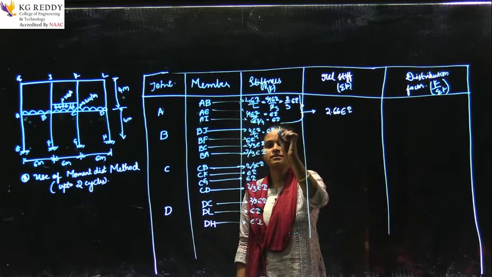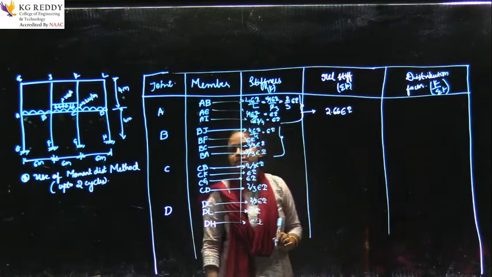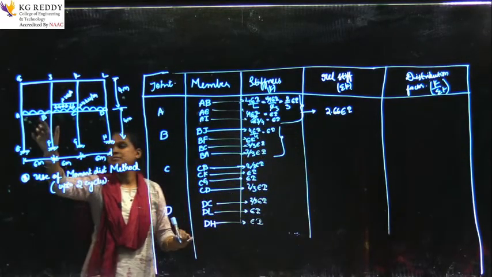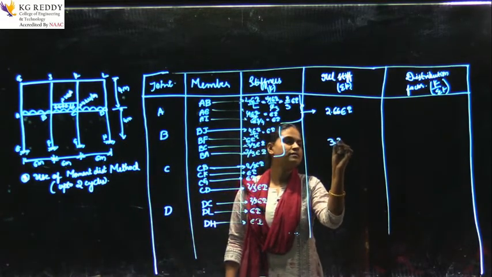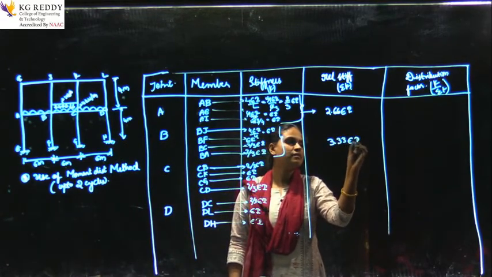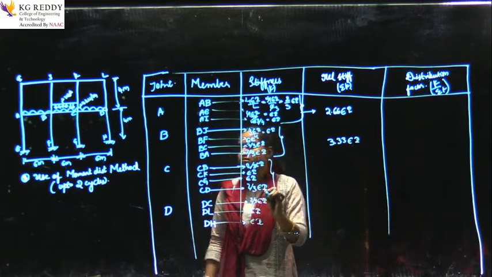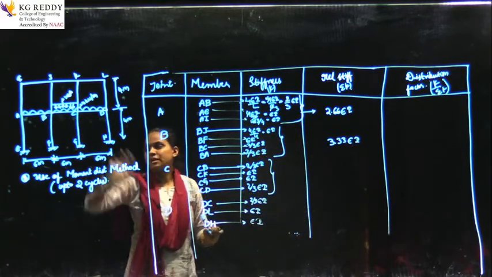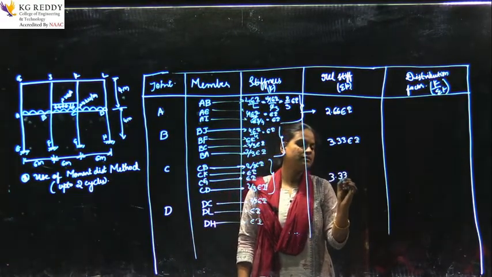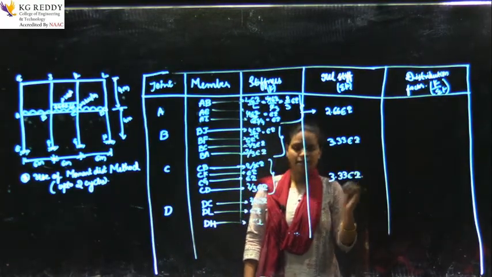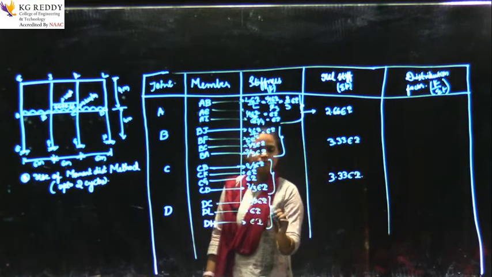Next for this B joint you are going to have 3.33 EI. Next for again C joint. So for C joint you have again 3.33 EI. Next for D joint.